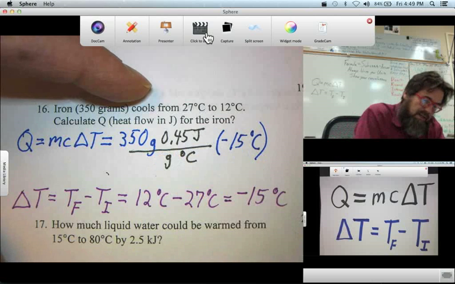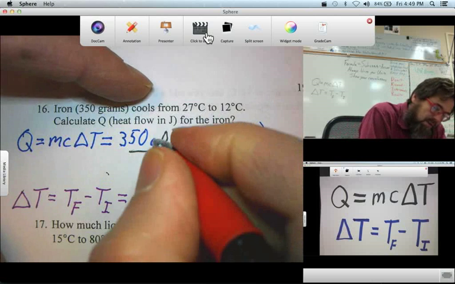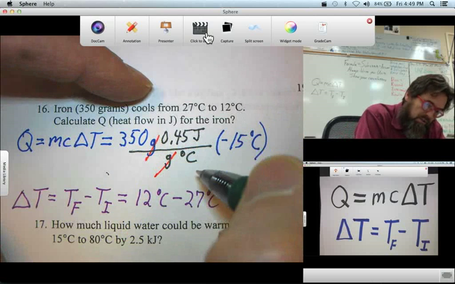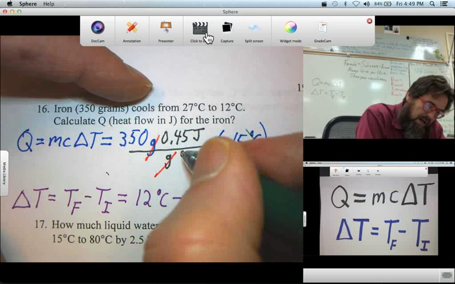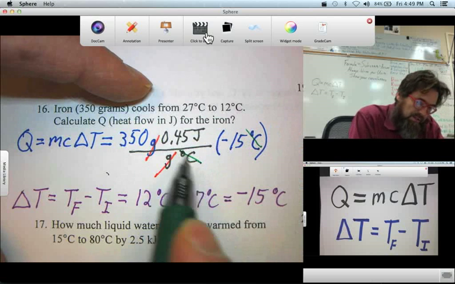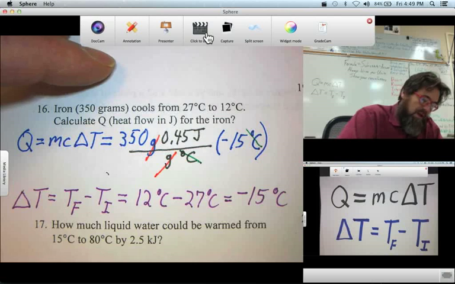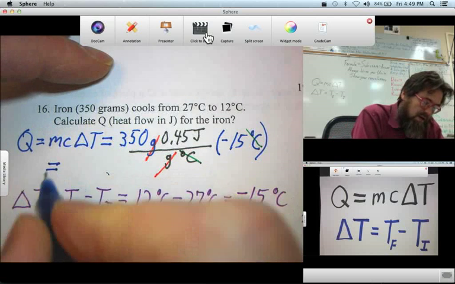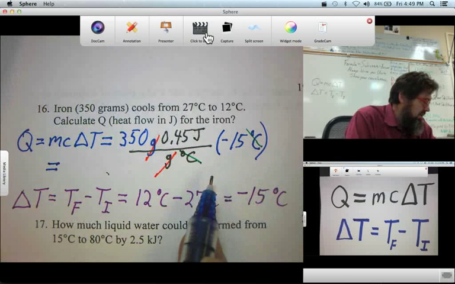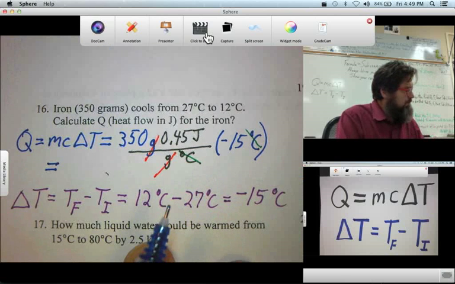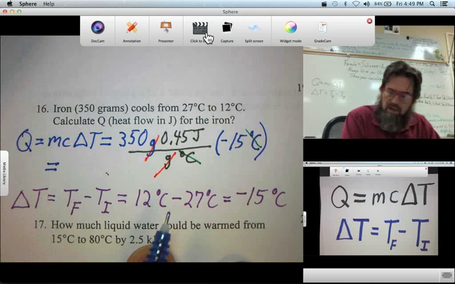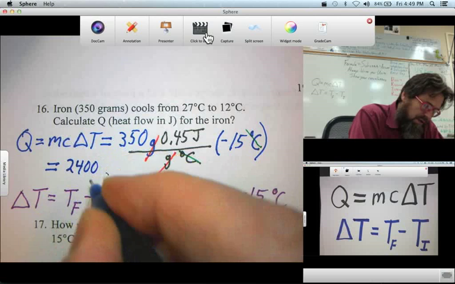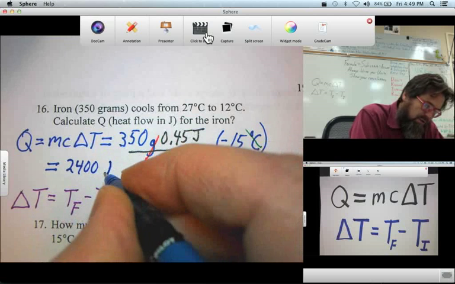Now we just multiply, but first we cancel units. Grams over grams cancels, and degrees C on top and degrees C on bottom cancel. So now we do the math, continuing our equation. It equals, to 2 sig figs, 2,400, and our units are joules.